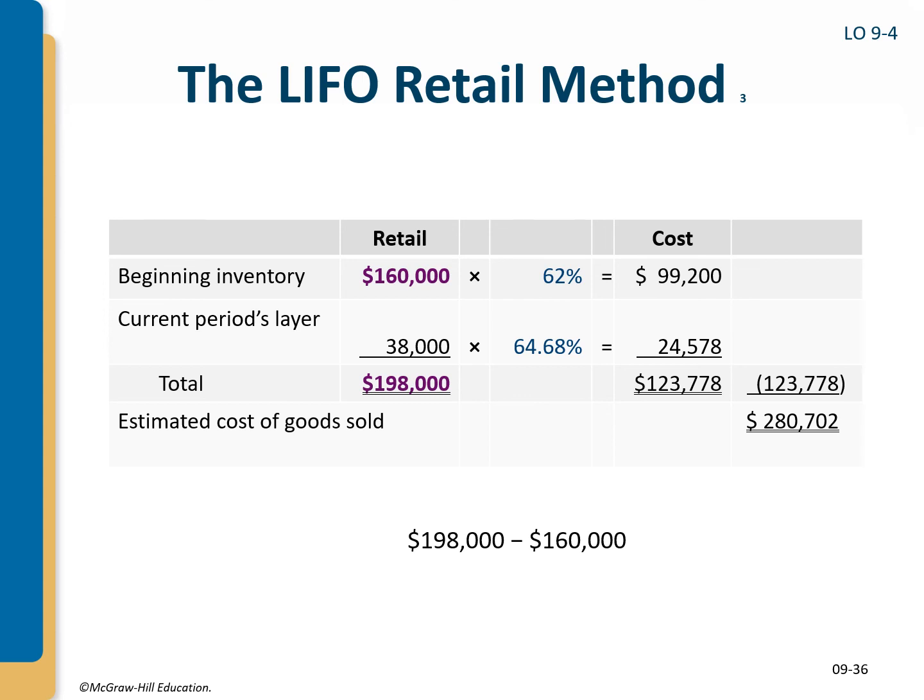So $24,578. You add those two together. That's the estimated cost of our ending inventory using LIFO. We would subtract that from the cost of everything we could have sold. That would give us our estimated cost of goods sold. So a little different, but still keeping the spirit of LIFO.